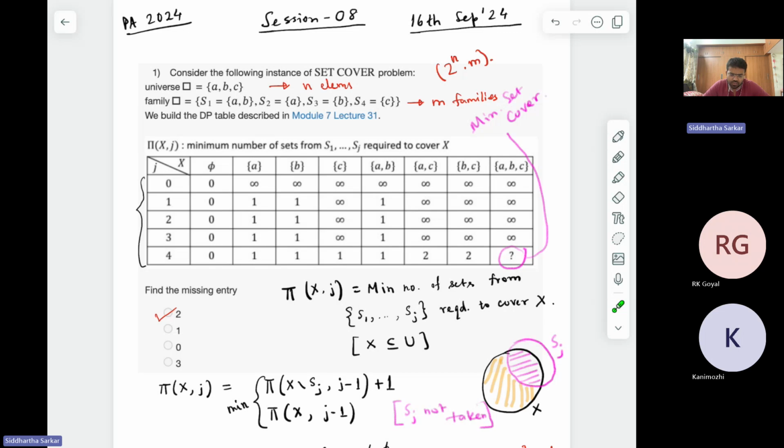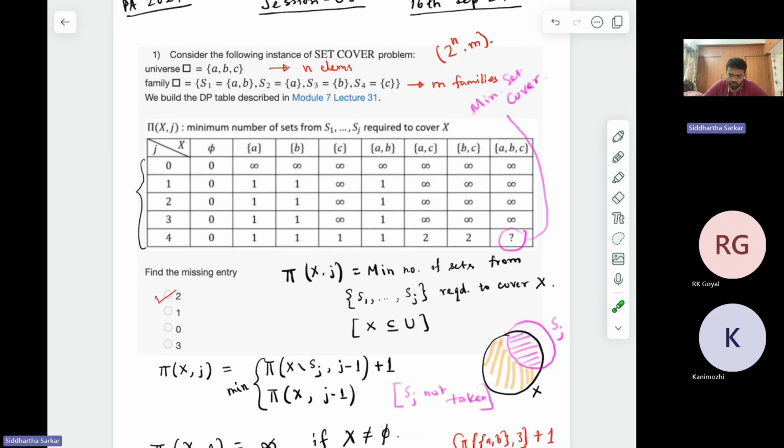As far as approximation is concerned, the greedy algorithm is a log n approximation, where n is the number of elements in the universe. And it is known that better than log n approximation is not possible in polynomial time. That is the status from the perspective of approximation.